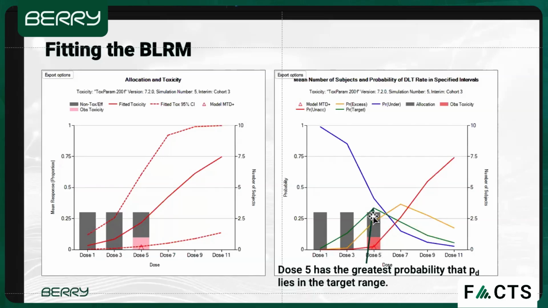And that would be dependent on the sum of the excess and unacceptable being within our overdose control limits. So in our example, we're going to use an overdose control limit on a combination of excess and unacceptable, and it'll be at 0.5. Anything much less than that has a tendency to cause the escalation to be too cautious. The CRM also allows us to specify escalation rules, which in this case, we're just saying you can only escalate one dose strength.